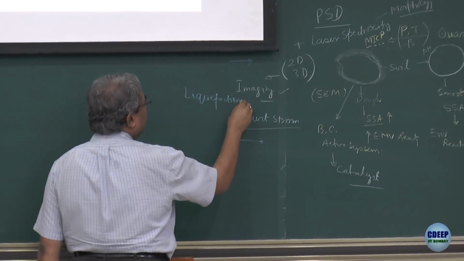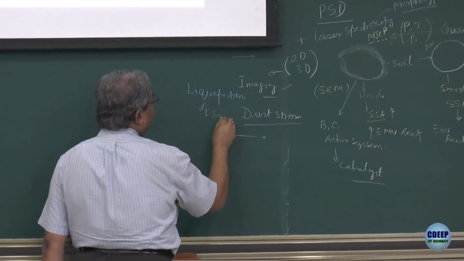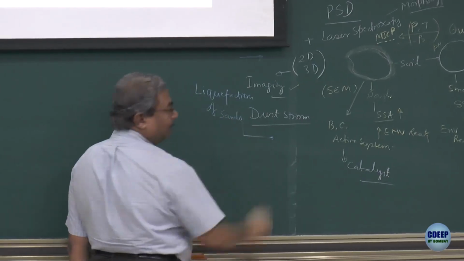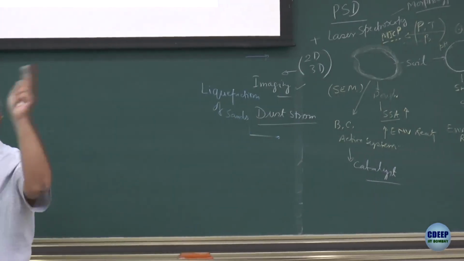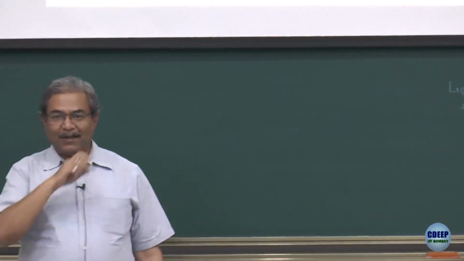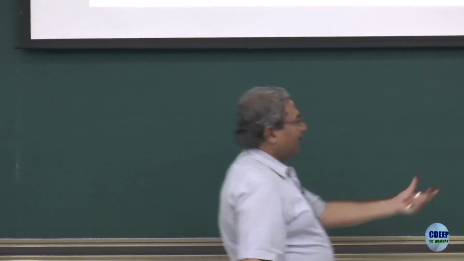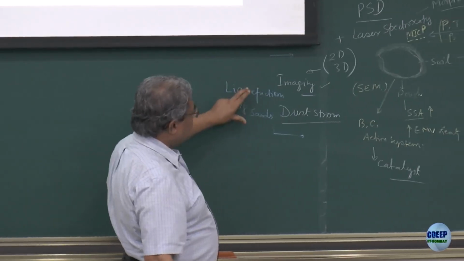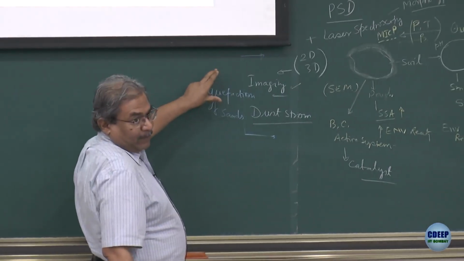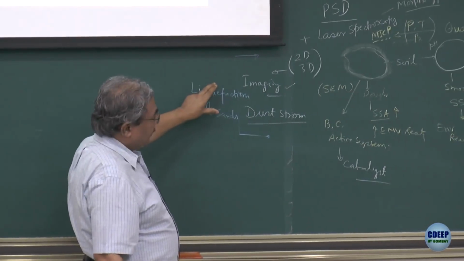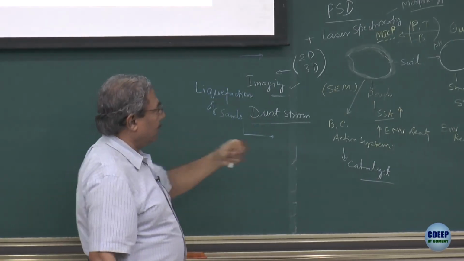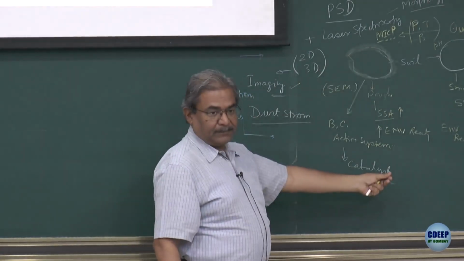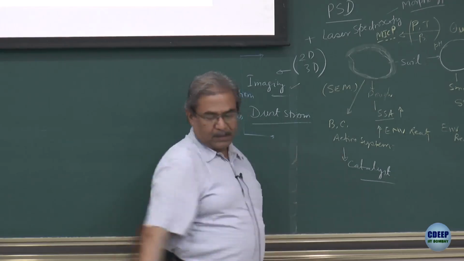Liquefaction of sands. I hope you are realizing I am venturing from one end to another end to another end to another end, correct? Why? Because these are the applications. Ultimately, I want to design the building foundations on liquefiable soils. How to mitigate this liquefaction? One of the processes would be this. I am binding the particles. So, this is very important.